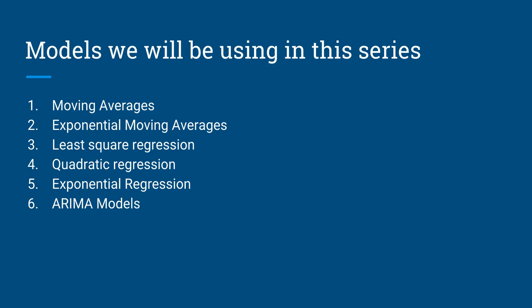So these are the 6 models that we are going to use in this series, and I will explain each of these models to you with the help of an example, and we will cover some real life use cases where you'll see how we can do the prediction based on this.